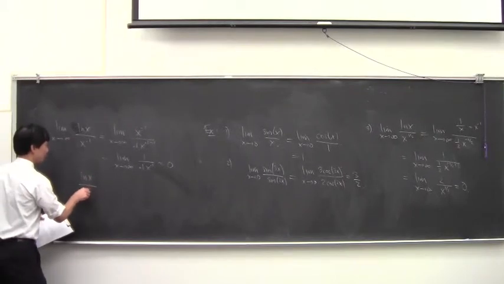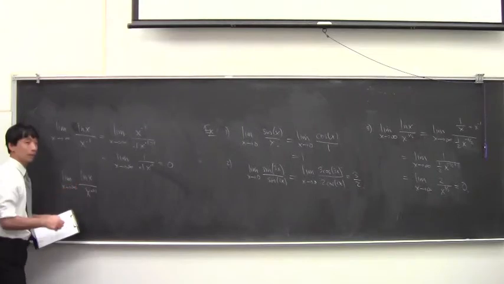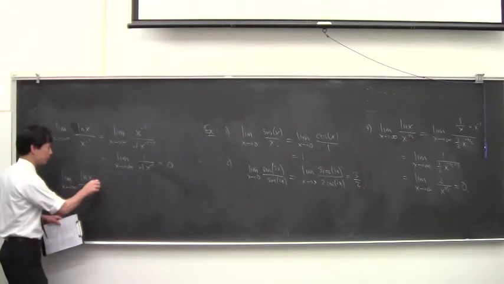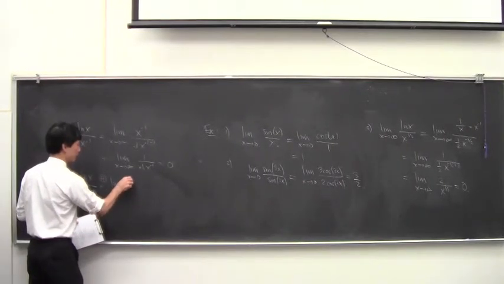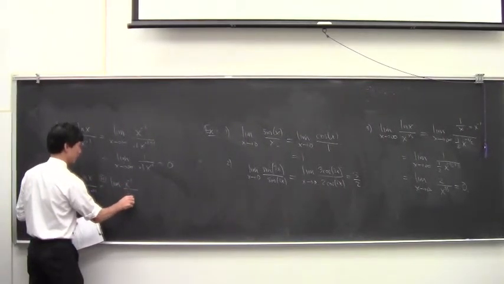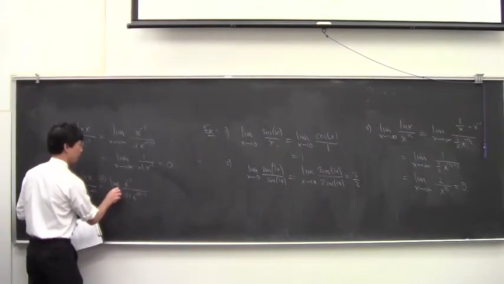What if I take x to the 0.01? Well, again, you're going to get the limit by L'Hopital's rule. We're going to get the limit of x to the minus 1 over 0.01 x to the 0.01 minus 1. And what happens?